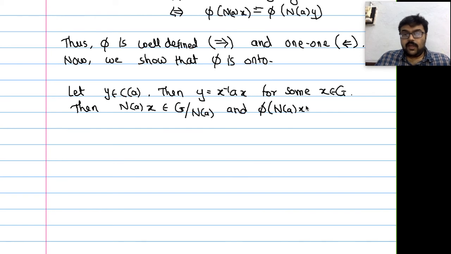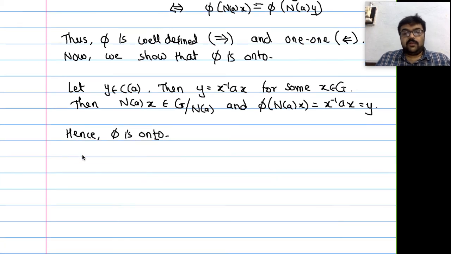Phi of NAX equals x inverse AX, which is the element we started with. This is y. We have found an element in the domain, hence phi is onto. So it is 1-1 and onto, and therefore phi is a 1-1 correspondence.